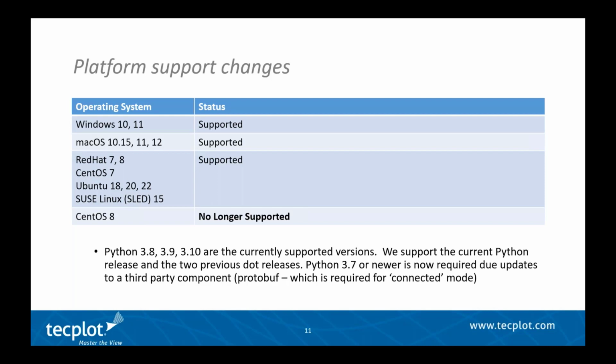So you may still be able to use Tecplot with earlier versions of Python without using protobuf or using an older version of protobuf. But again, those versions are outside of our official support policy, so we're not going to be able to effectively support you with those earlier versions. So please talk to your IT group and ask them to update your version of Python.